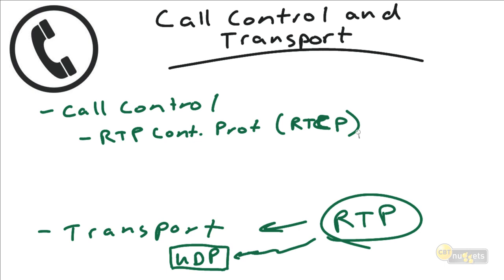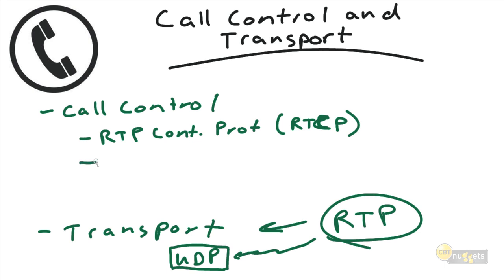And this RTP control protocol is going to be used to do things like have the actual RTP exchange be monitored, and particularly monitor the RTP exchange for quality issues like maybe packet loss or maybe too high of delay or variation in delay that we call jitter.